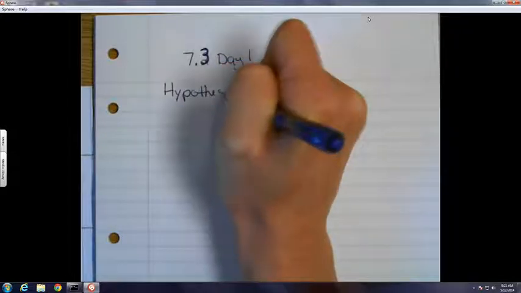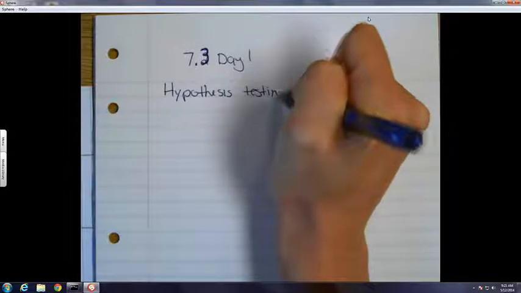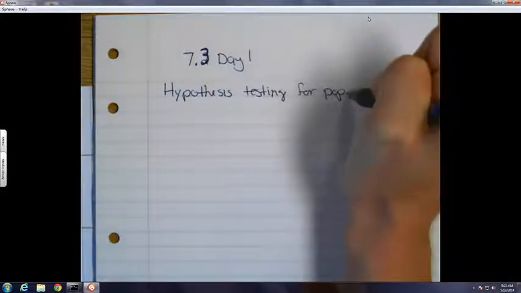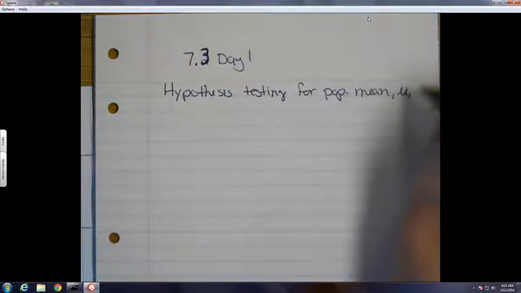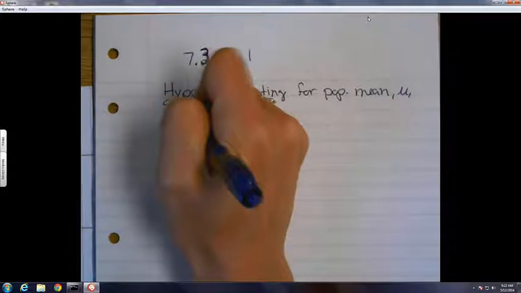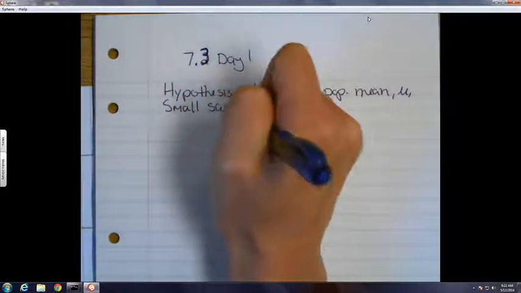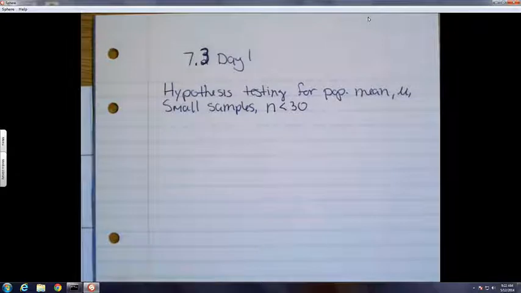Okay, we're still doing hypothesis testing for population mean. But this time, small samples, under 30 for normally distributed populations.